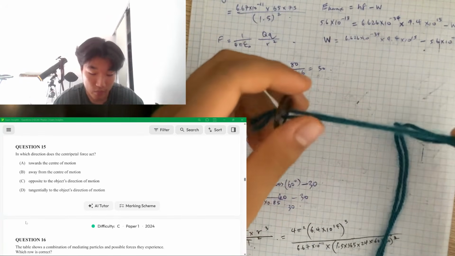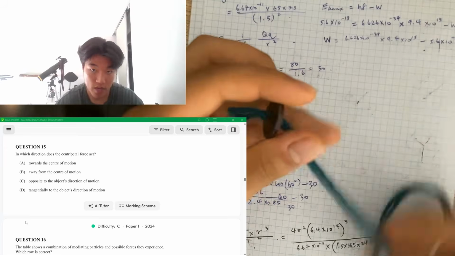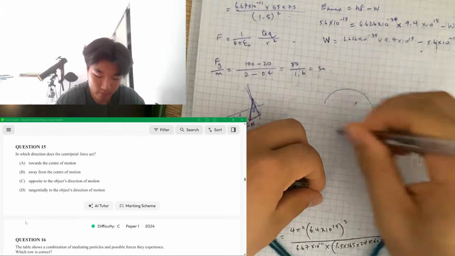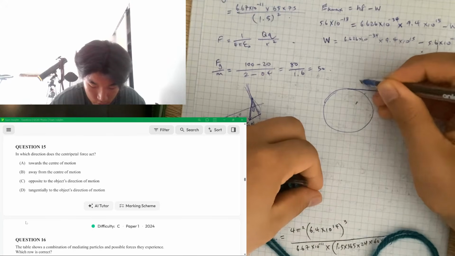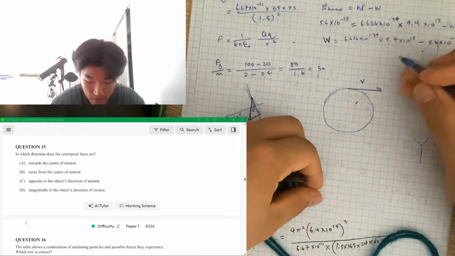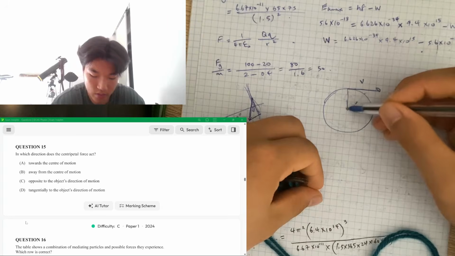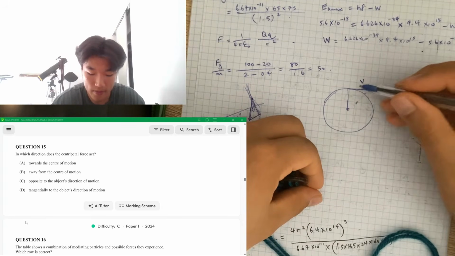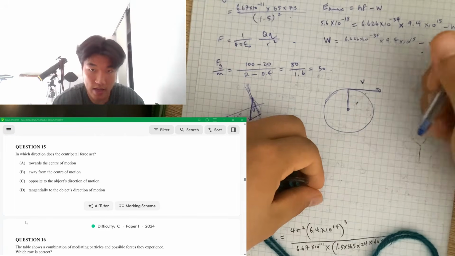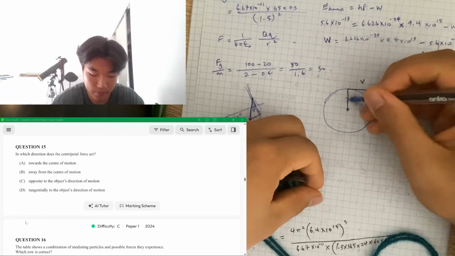But to prevent that, we need to have acceleration, right? Velocity is going this way. But to prevent that and make sure it maintains this uniform circular motion, acceleration needs to happen perpendicular.